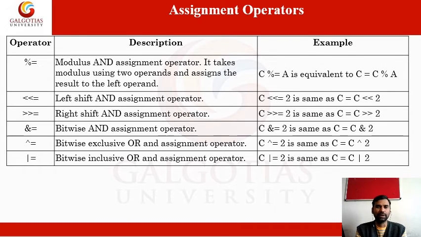The modulo operation is the same: C equal to C mod A can be written as C mod equal to A.